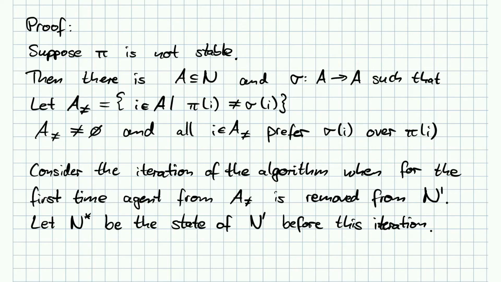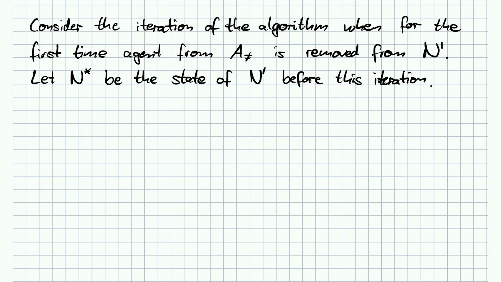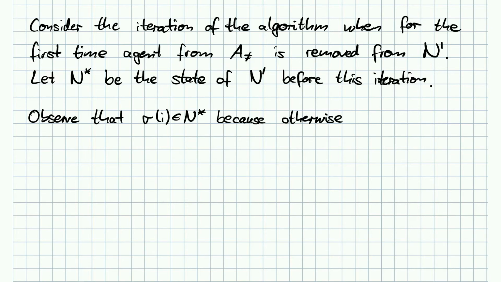So more formally, we observe that sigma of I is also in n star, because otherwise we would have that sigma of I would be in A takeaway A unequal. Why that?